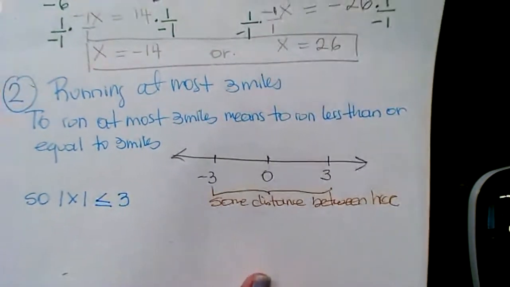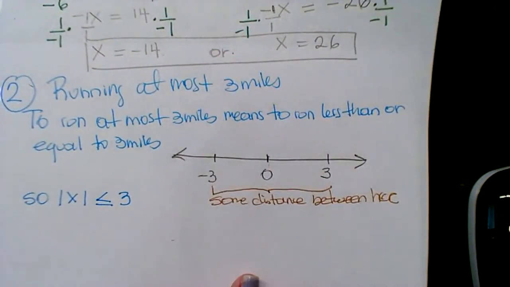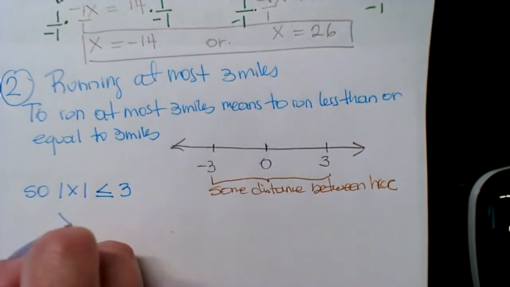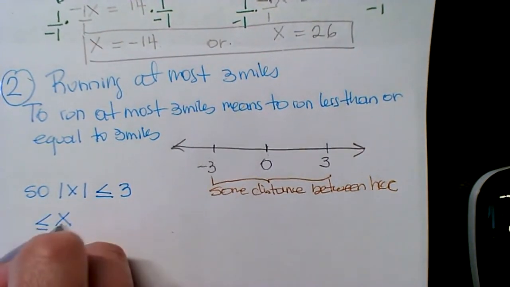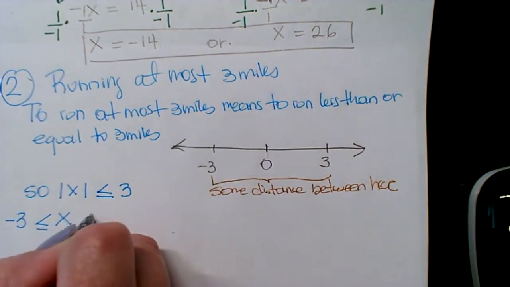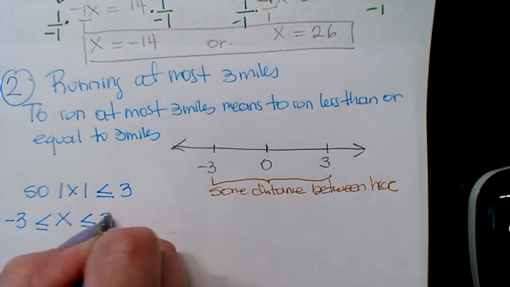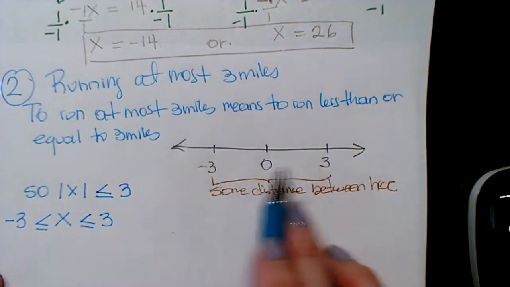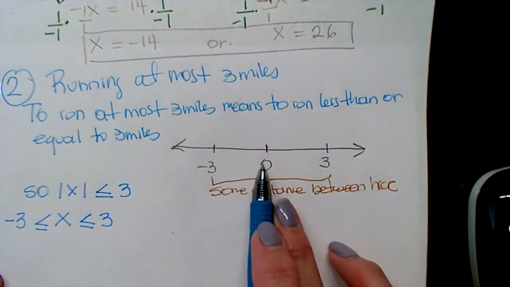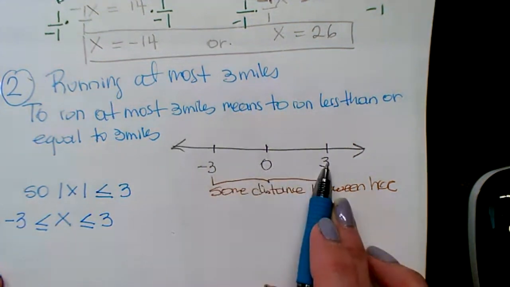I'm running at most 3 miles. So this means what? That it's going to be greater than or equal to negative 3, but less than or equal to 3. From here to here, it's going to be greater than or equal to negative 3, and less than or equal to 3.